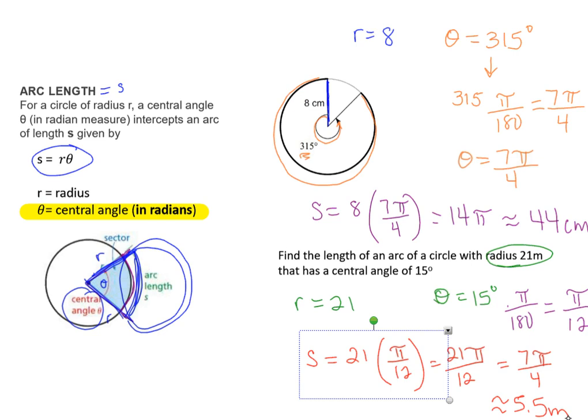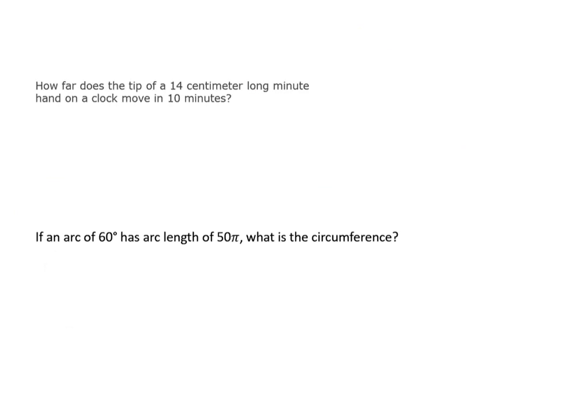So this was just applying the formula. It's not an actual story problem, so the approximate answer might not be that important. But when you get to actual applicable problems, that approximation is going to be important.